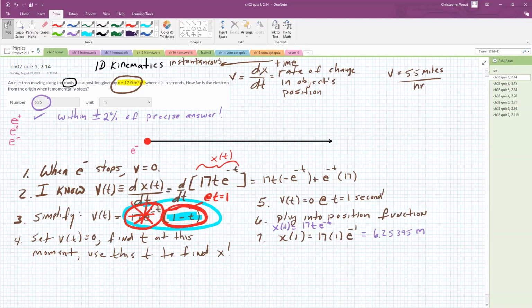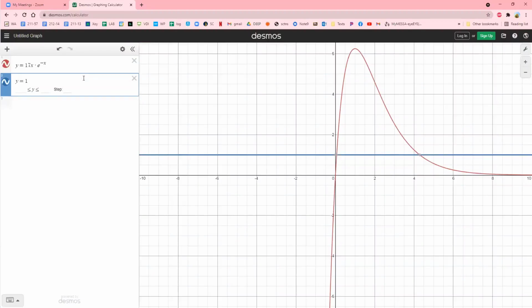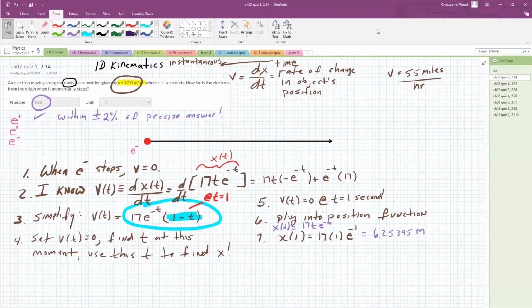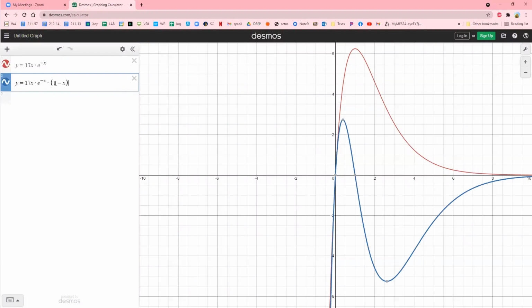It's 17 e to the minus t, all of that times 1 minus t. So y equals 17t times e to the minus t, all of that times 1 minus t.